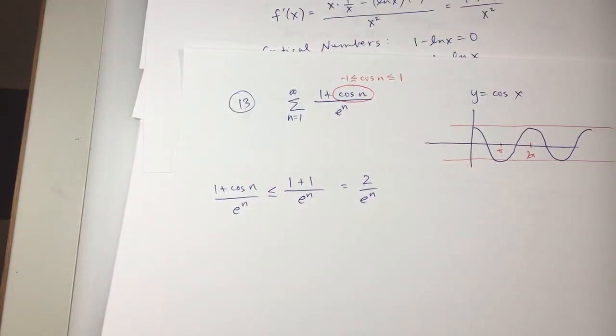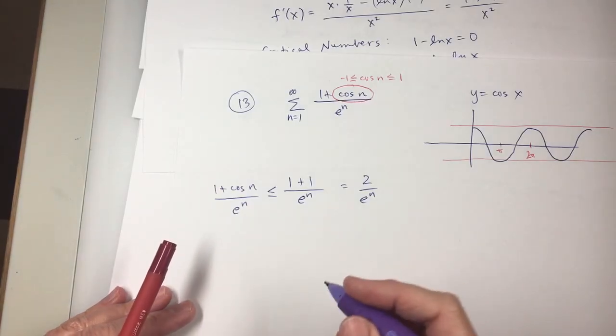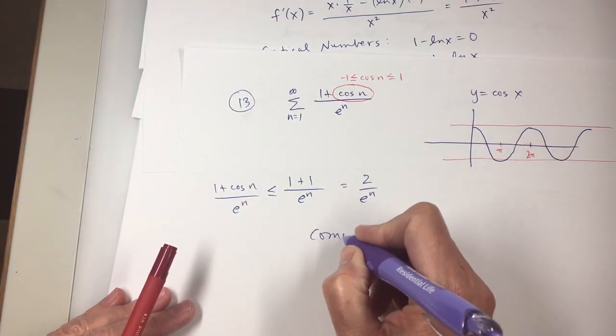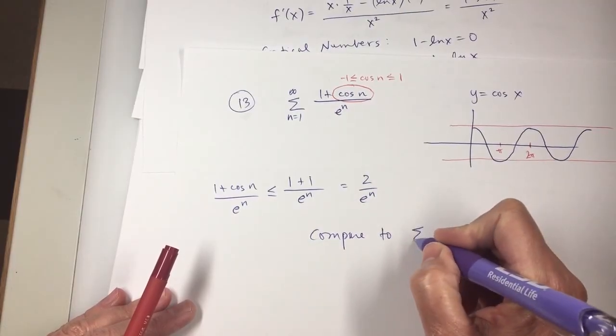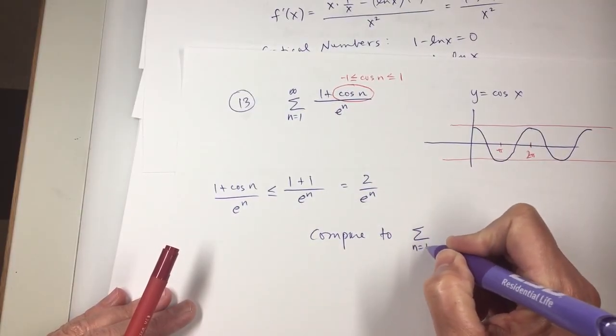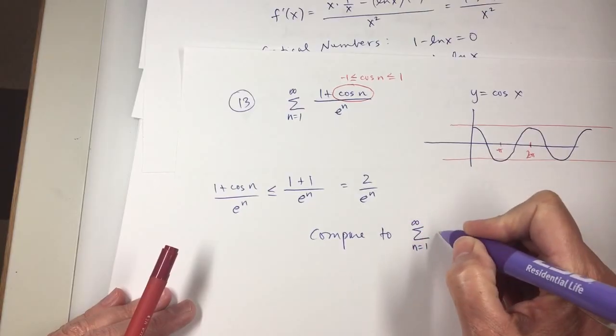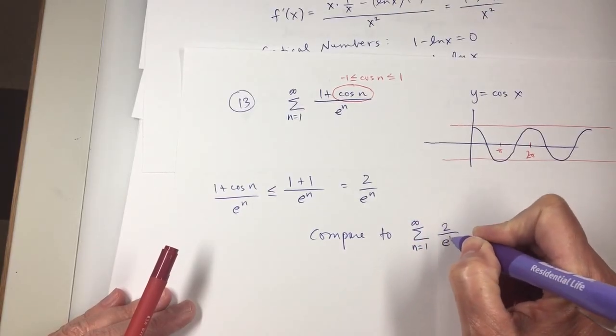That's what I'm going to get. And so I would compare this one to this series. N goes from 1 to infinity of 2 over e to the n.